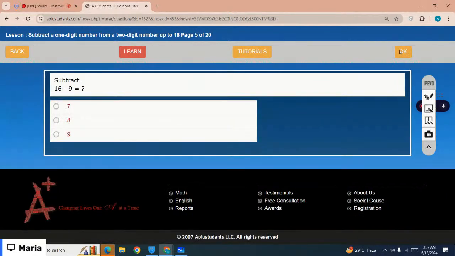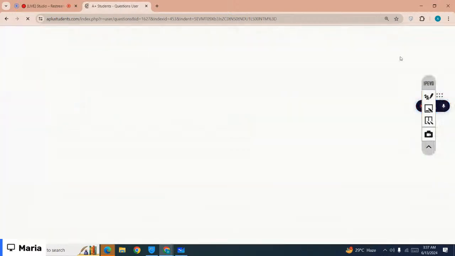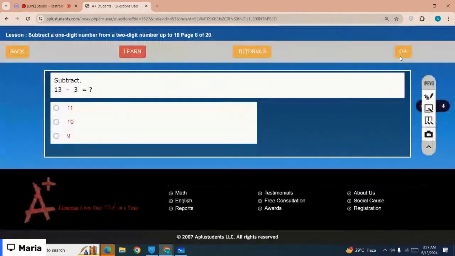16 take away 9, which is the correct option? Yes, 16 take away 9 is 7. 7 it is, sorry, not 9. Subtract 13 take away 3.